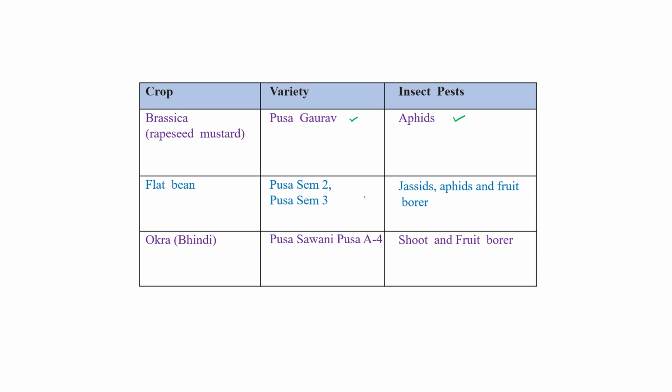This flat bean variety Pusa Sem 2 and Pusa Sem 3 shows resistance to aphids, jassids and fruit borer. Similarly, this okra or bhindi variety Pusa Sawani, Pusa A-4, shows resistance to shoot and fruit borer insect pest. So these types of varieties have been developed by IARI.